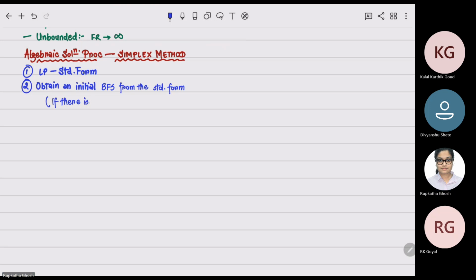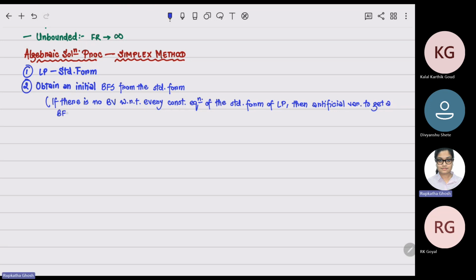If there is no basic variable with respect to every constraint equation of the standard form of LP, then introduce an artificial variable, or we call it artificially a basic variable, to get a basic feasible solution. Okay. How we do it, I'll tell you.